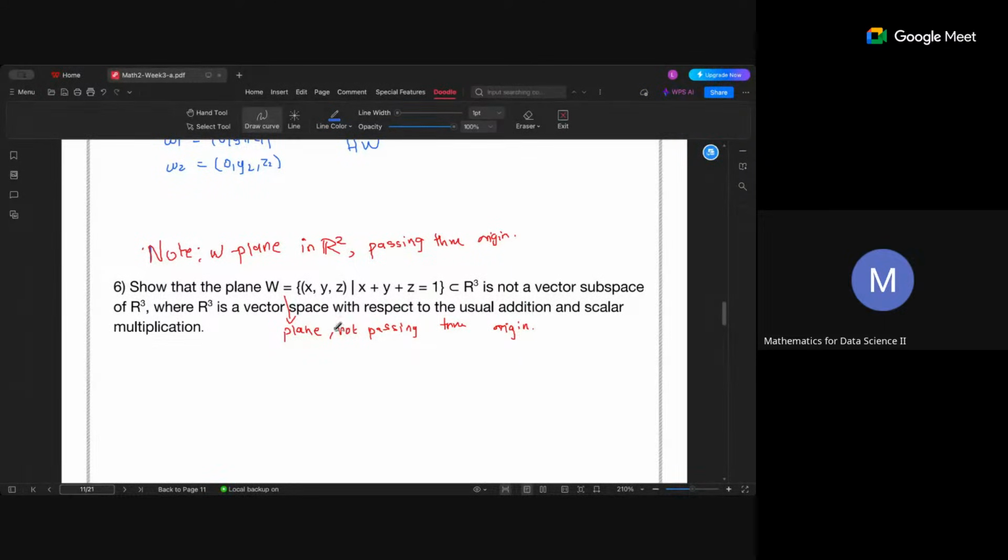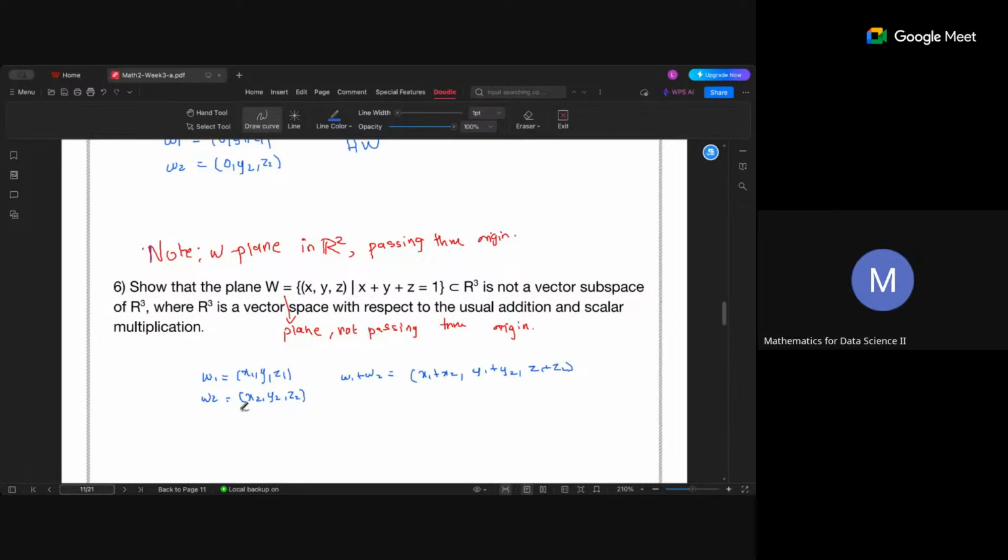So we can take specific examples, or take two vectors W1 and W2, like (x1, y1, z1) and (x2, y2, z2). You see that W1 plus W2 means you have (x1 plus x2, y1 plus y2, z1 plus z2).